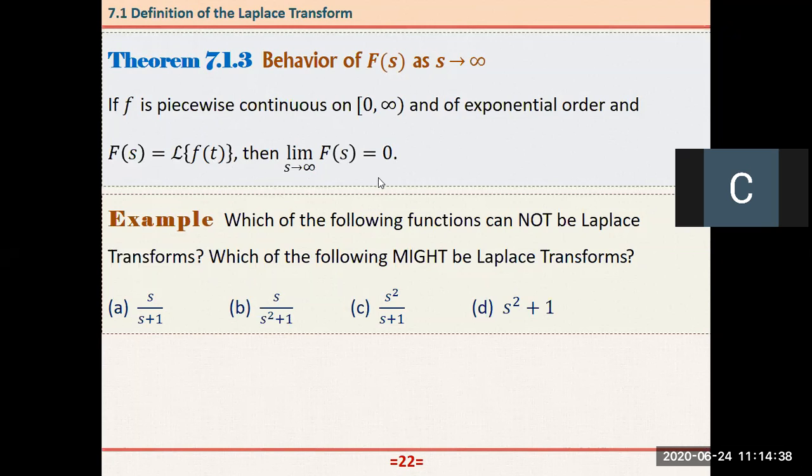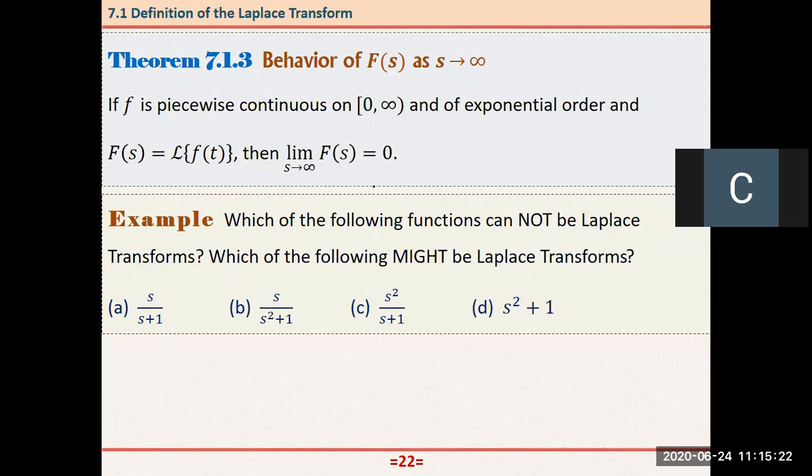Now, where do we use this theorem? If you are given a function in s, we use this theorem to determine whether it is a Laplace transform of some function or not. Sometimes by using the inverse operation you may try to get f, but you may do a lot of calculation and end up with nothing, concluding that this is not a Laplace transform of any function.